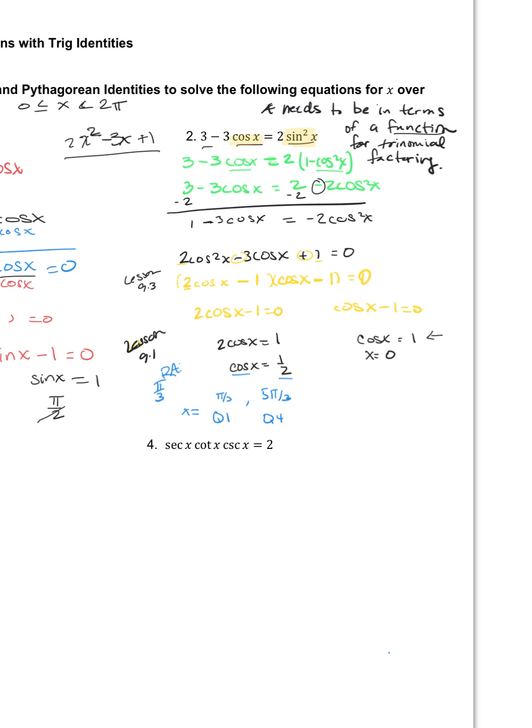So in other words, are they less than 2 pi? And they are so far, what we've been doing. So x equals pi over 3, 5 pi over 3, and then we have 0. You don't have to do them in this order as long as you box in what your answers are, but I just make it easier to see.